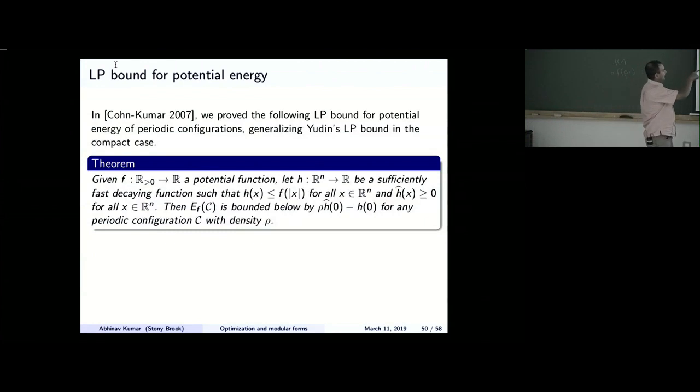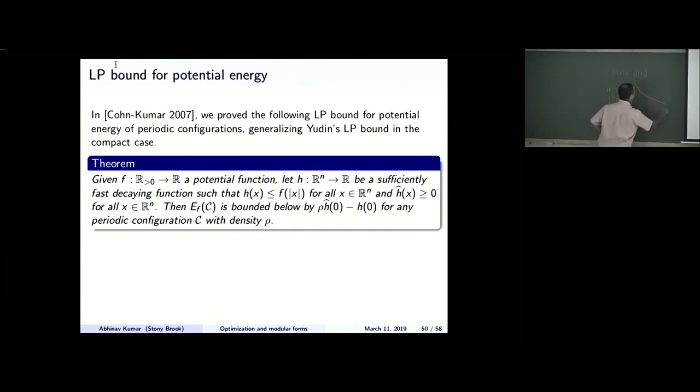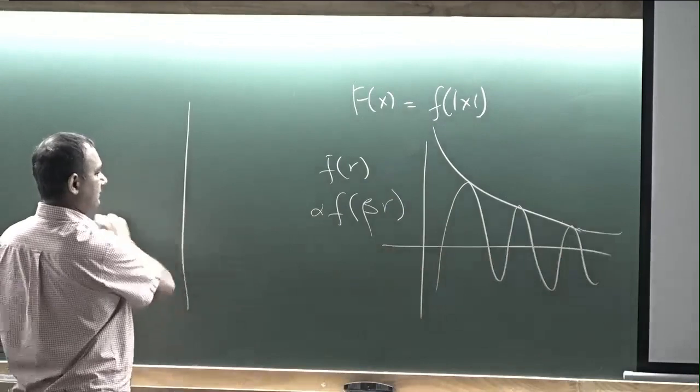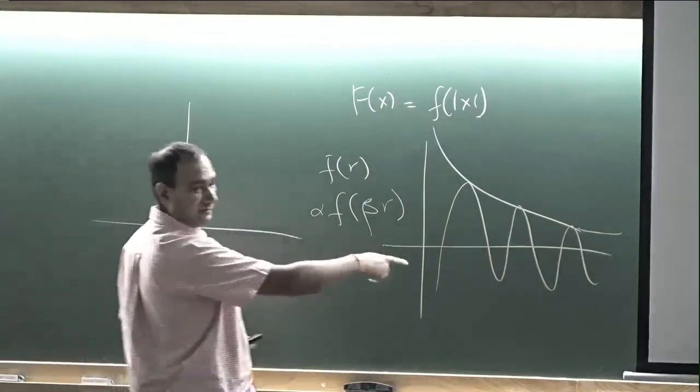This time they say that if you're given a potential function f, there is an auxiliary function, just like in this case there was an auxiliary function f, here we're calling it h. h is less than or equal to f for all x, and h hat is non-negative for all x. Those are the two things it must satisfy. And again, the proof proceeds by linear programming bounds.